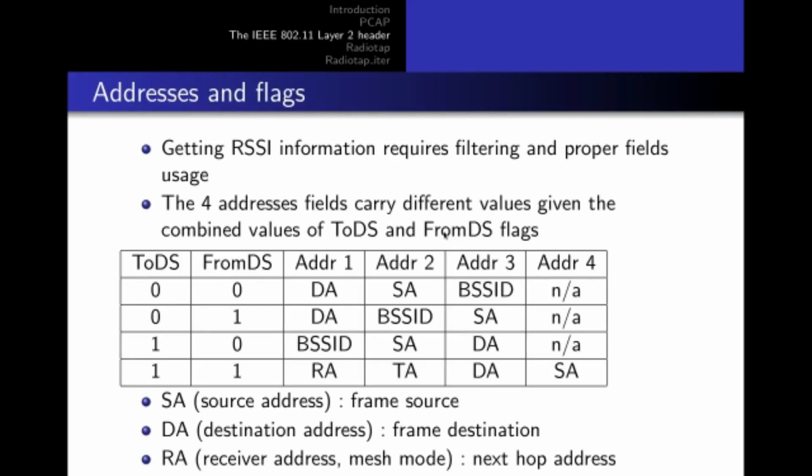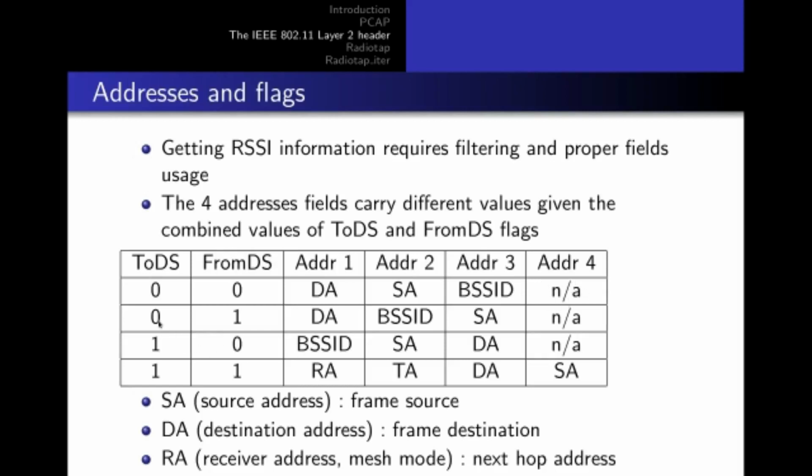So first, if To DS is 0 and From DS is 0, it means that you are in ad hoc mode. So first address is the destination address, second address is the source address, and the last address is the BSS ID. Address 4 is not used.